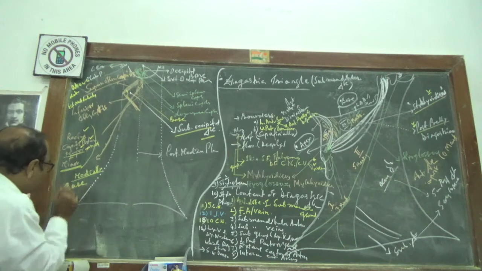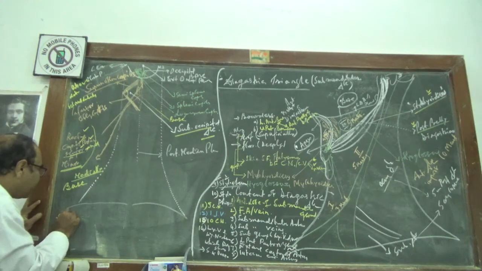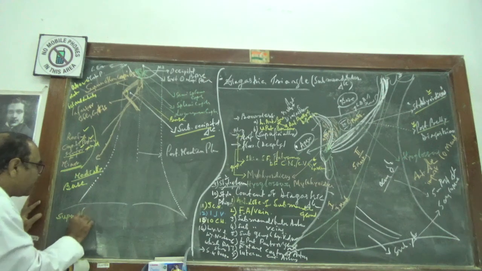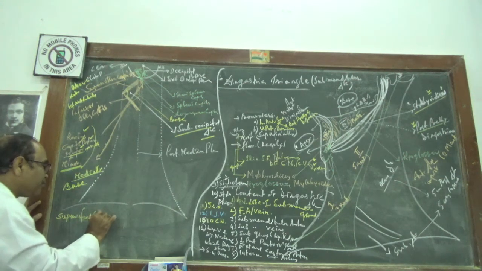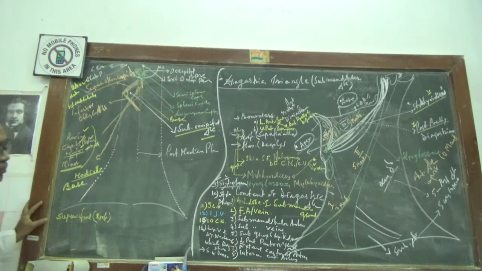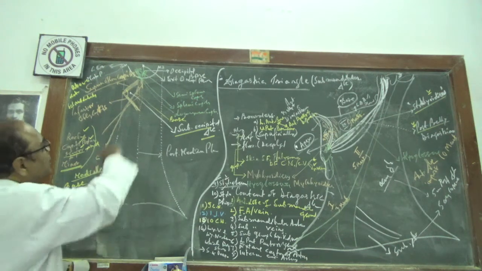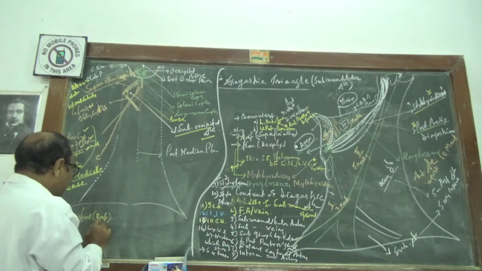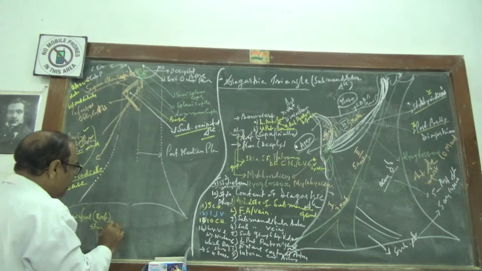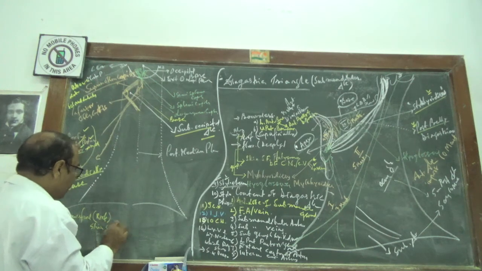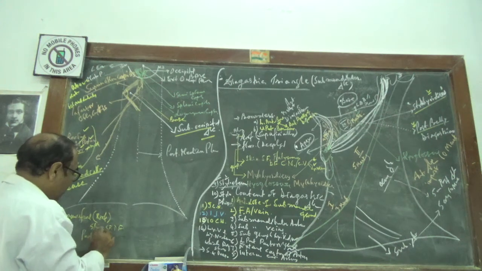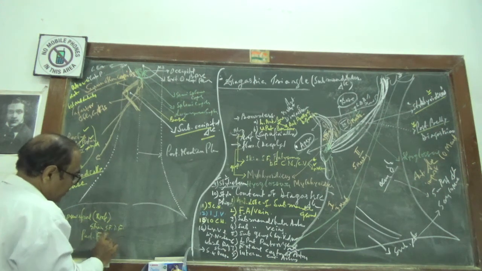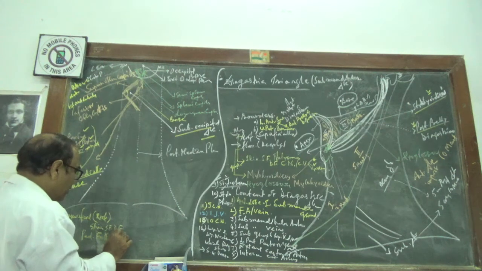Now superficially, it is said to be a roof. The roof is formed by the skin, superficial fascia, deep fascia, fat, which is abundant, and the areolar tissue.